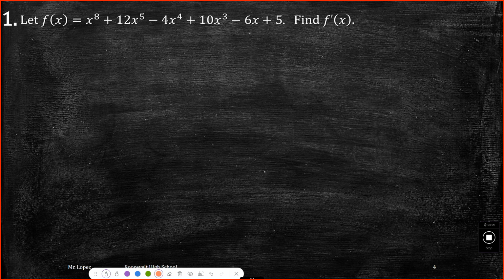Come on, somebody. America, you going to come and do it? Vivian. Come on, what the heck is wrong with this class? Sean, you going to do it? No. Anthony? You serious?